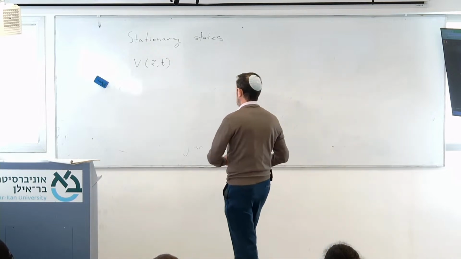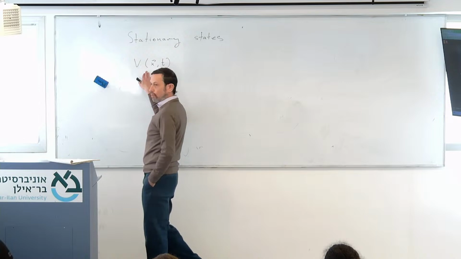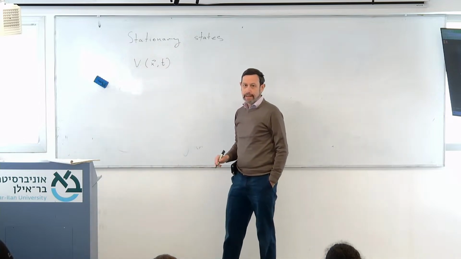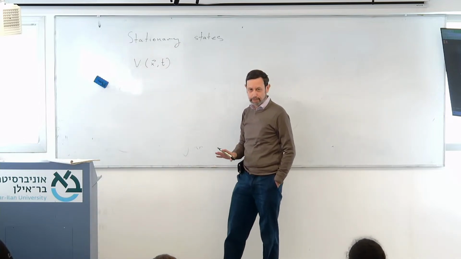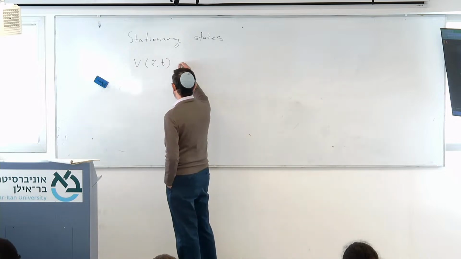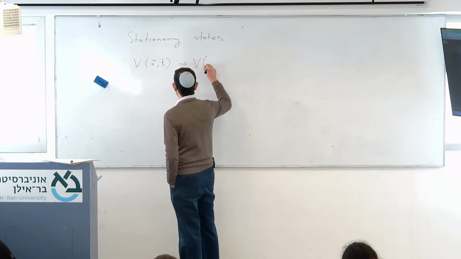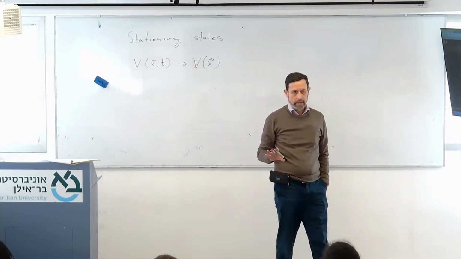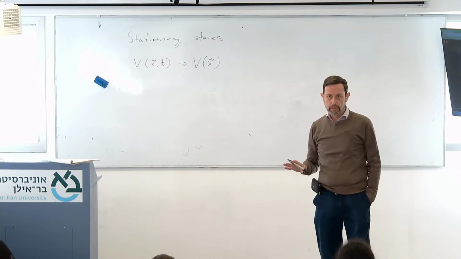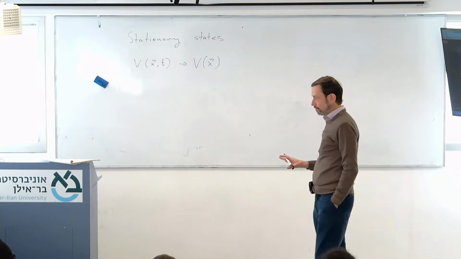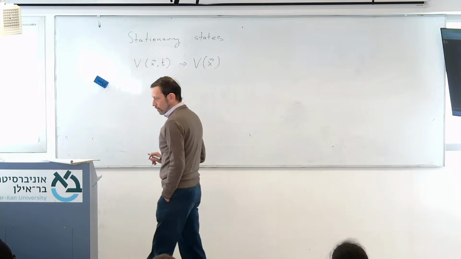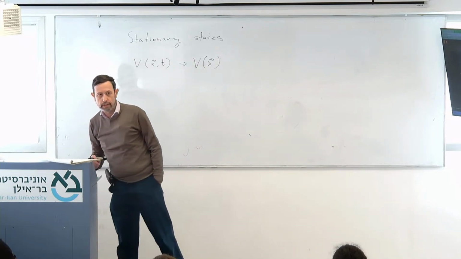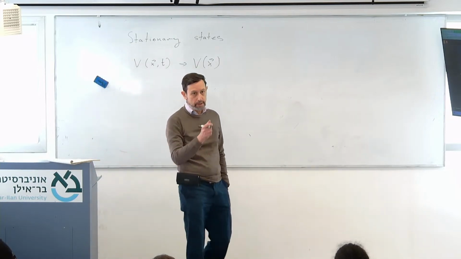So we can't just say it's not relevant. But life becomes much simpler if we have a stationary potential, meaning depending only on x and not on t. Why is that? Because then solving the Schrödinger equation becomes easier.